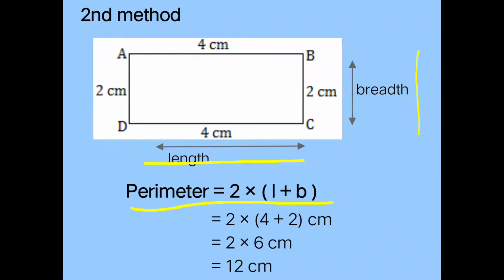So the length is 4 centimeter and the breadth is 2 centimeter. If you add together, you will get 6. Then you multiply by two, and you will get 12 centimeter. Now this is the second method to find the perimeter of the rectangle.